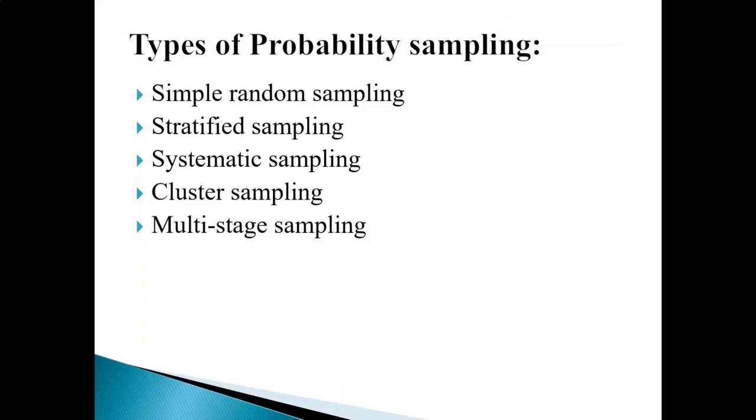These are, as I have already mentioned, types of probability sampling methods: simple random sampling, stratified sampling, systematic sampling, cluster sampling, then multi-stage sampling. Some other kinds of probability sampling methods are also there.